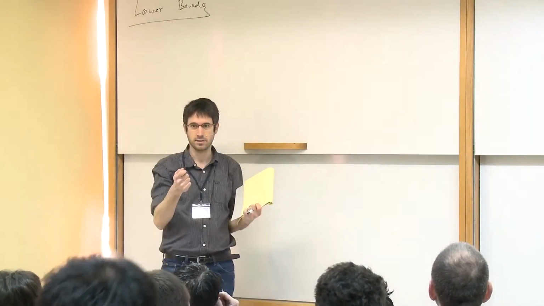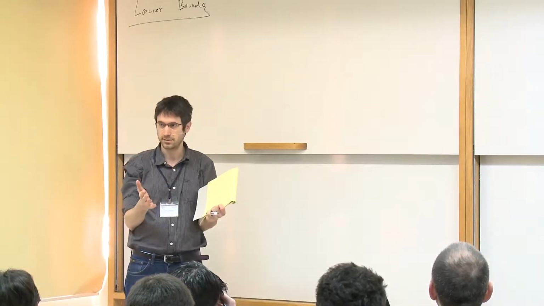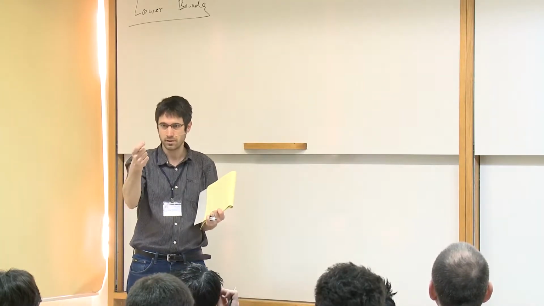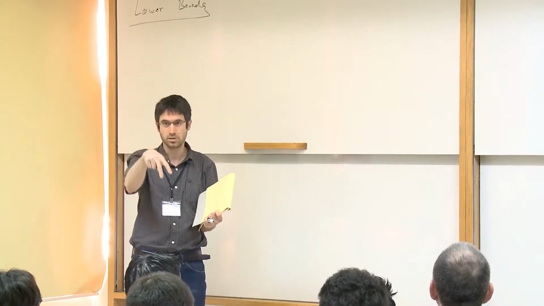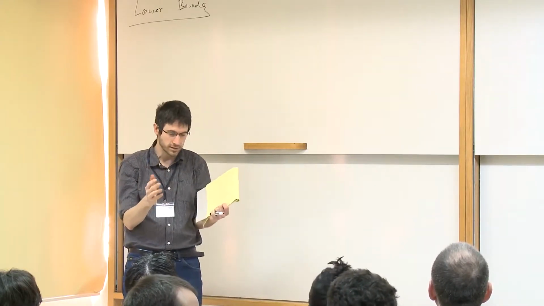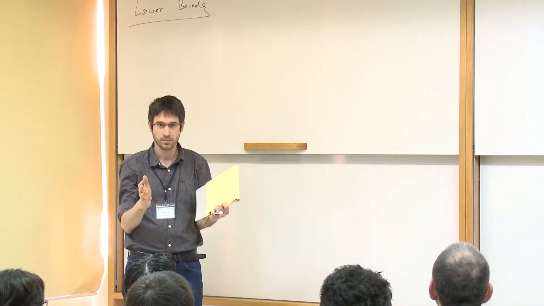Because in Boolean circuits, we can count the number of Boolean circuits of size S. If you have S gates, for each gate you have to specify the operation on the gate and the two children of the gate. So if you do the calculation, you figure out quite easily that there are something like S to the S Boolean circuits of size S.